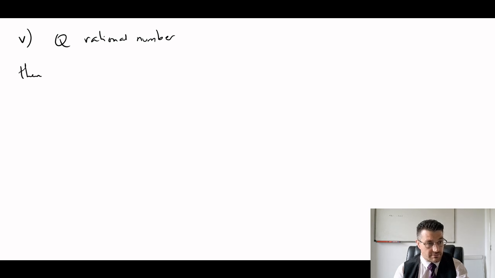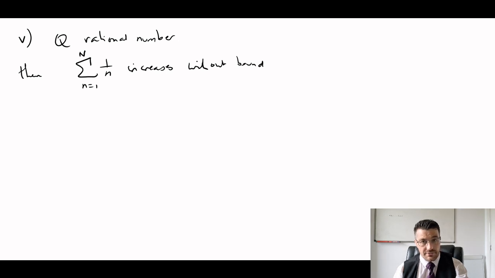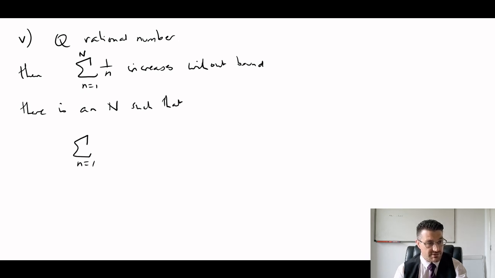Okay, then since the sum from n equals 1 to n of 1 over n increases without bound, this means that there will be an n such that the sum from n equals 1 to n of 1 over n is less than or equal to q, but q is less than the sum from n equals 1 to n plus 1 of 1 over n.